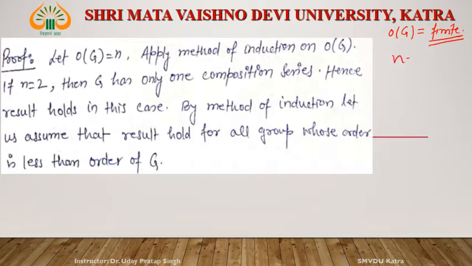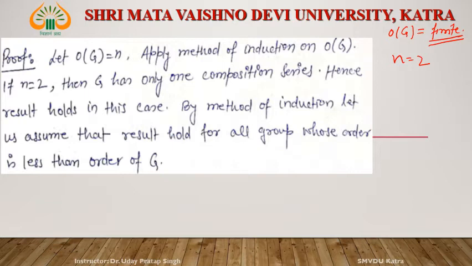We start from n equal to 2, since for a composition series the group must contain at least 2 elements.